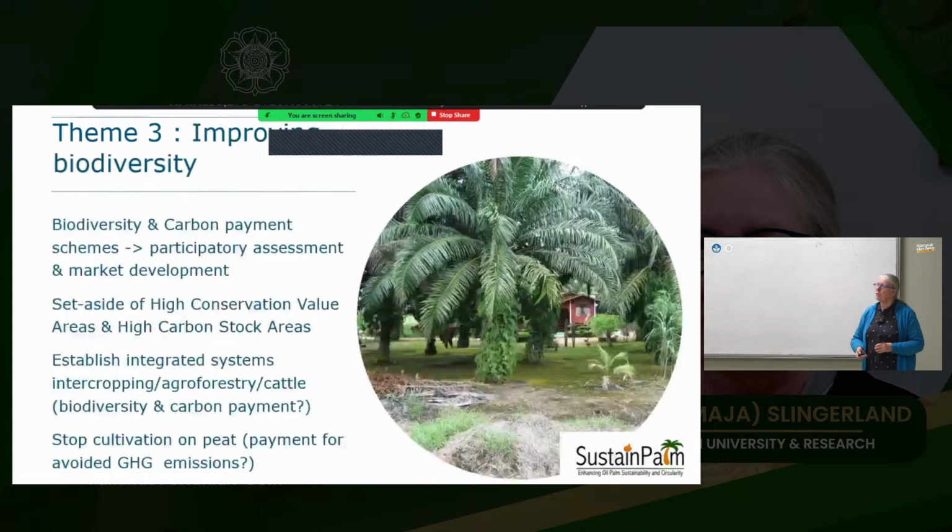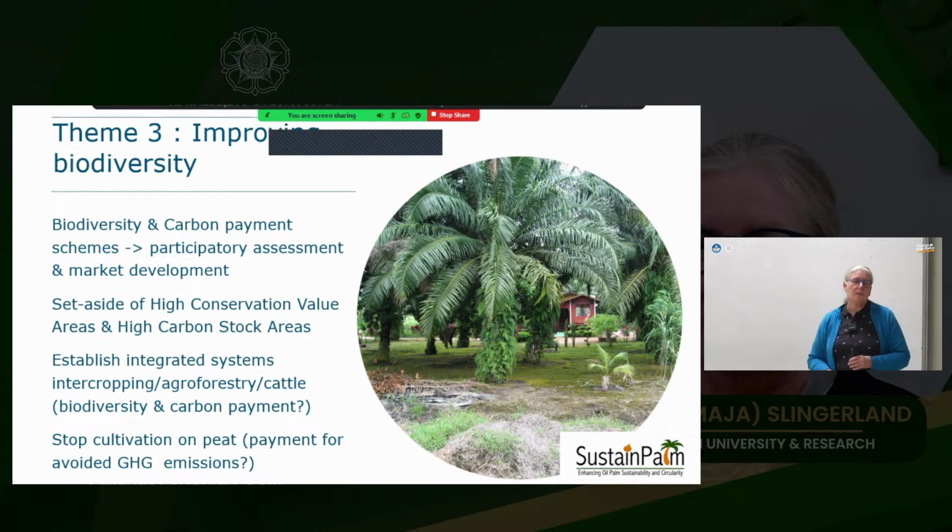And in the same team, we also look at carbon. And for carbon, you can think of carbon payments. So if you put something in, you can get carbon payments. There's also the system of setting aside some high conservation value areas that you don't touch. Companies also do that. So part of the company area is not oil palm, it's still forest. But then, of course, you want to have compensation for it, because you have to maintain it and it doesn't bring any income.